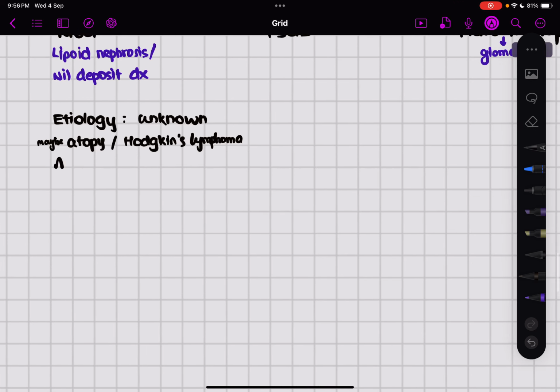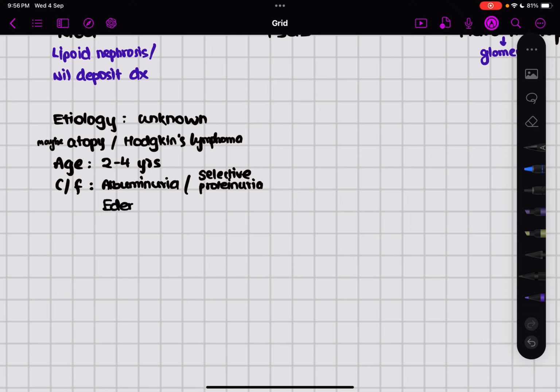Then age group, 2 to 4 years. Clinical features: albuminuria or selective proteinuria. And due to the albuminuria, there is edema.